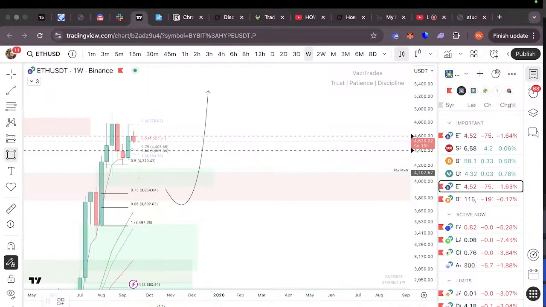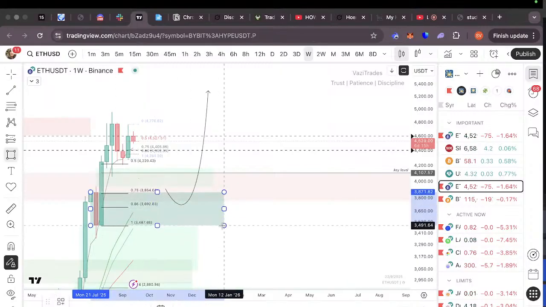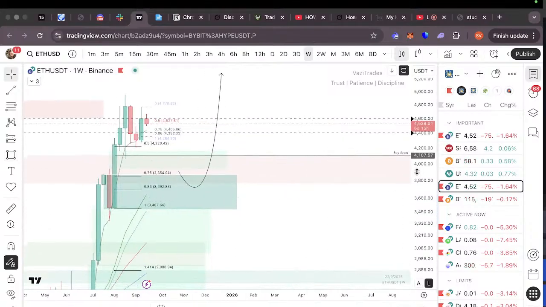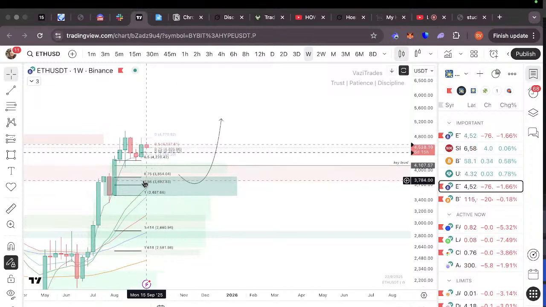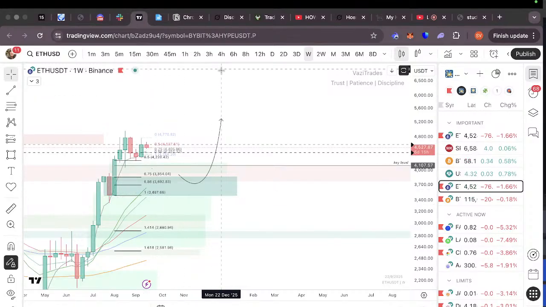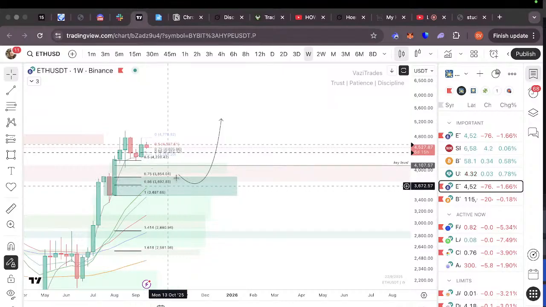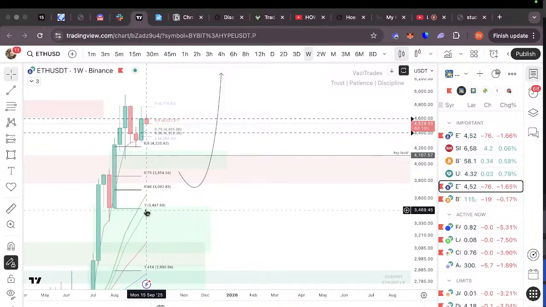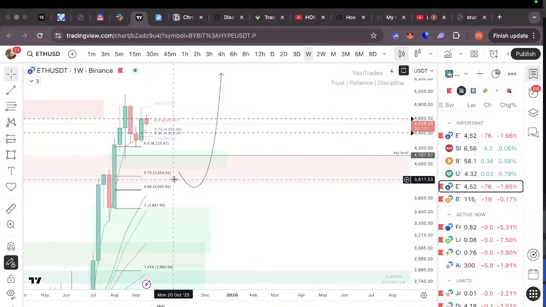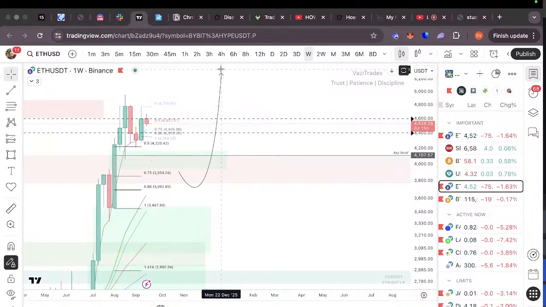I think this will really be a golden opportunity to buy the dip, and I would not be surprised to see the price, after reaching this target, giving us another new all-time high. I would not be surprised to see the bottom here. So this will really be a golden opportunity to accumulate more position on Ethereum, on spot, on altcoins, and so on.